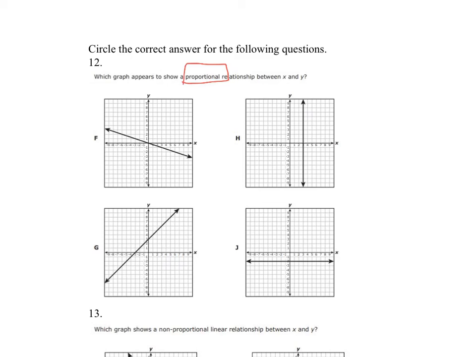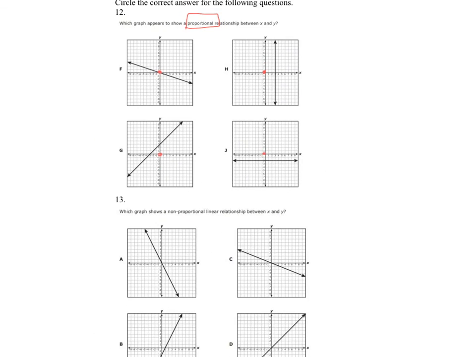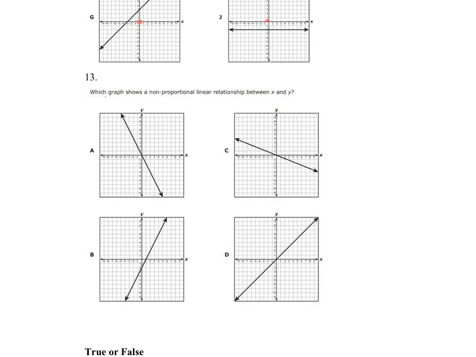Which one is proportional? Which one goes through your origin? Okay. Same thing here, but which graph shows non-proportional? So the opposite, which one does not go through that origin?